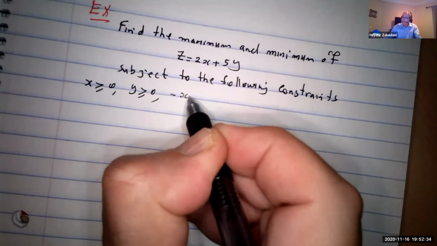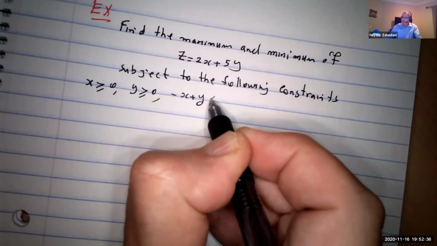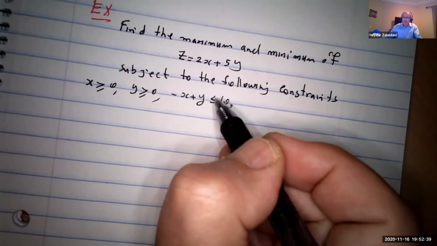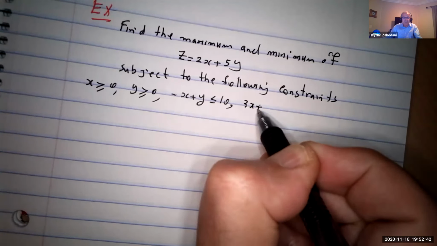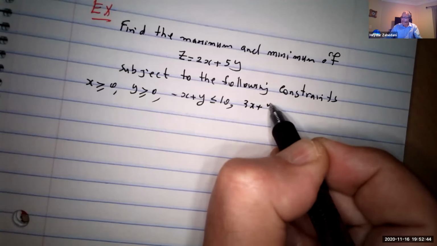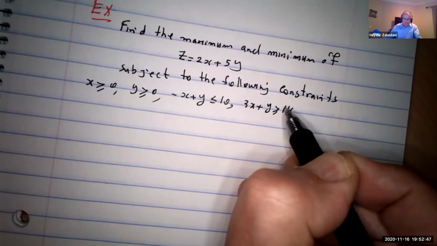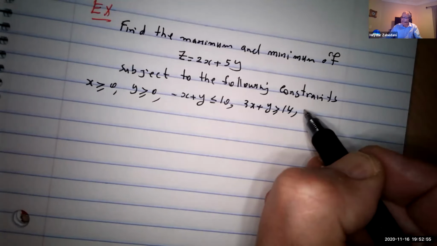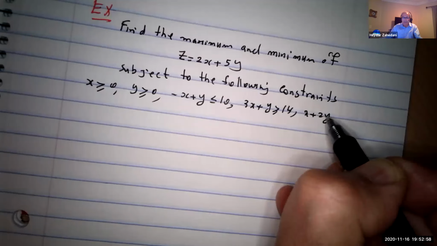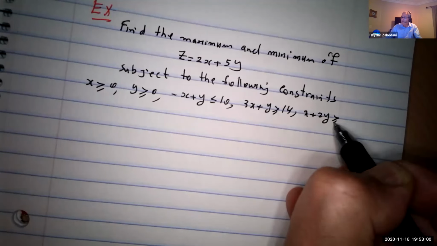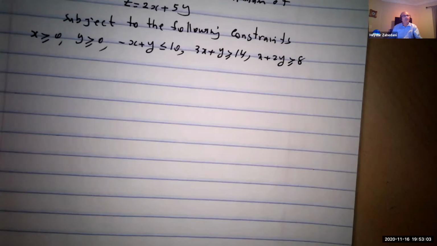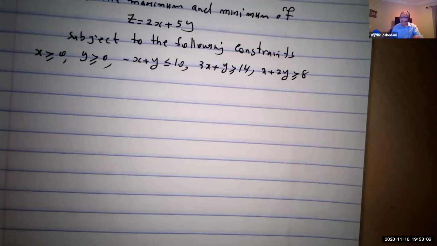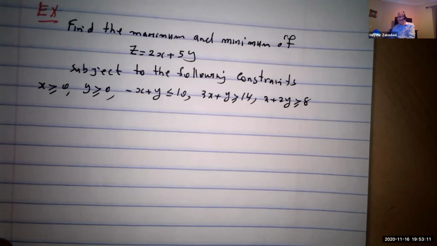We have negative x plus y less than or equal to 10, then 3x plus y greater than or equal to 14, and x plus 2y greater than or equal to 8. These are the conditions that we have for this problem. A little bit more conditions, but nothing to worry about.